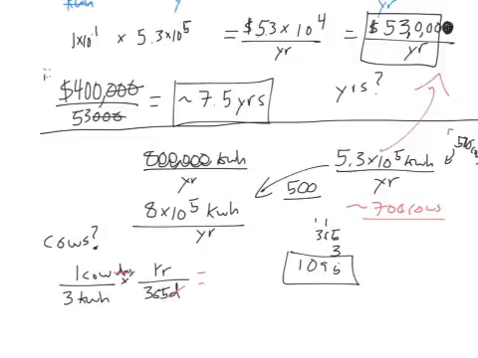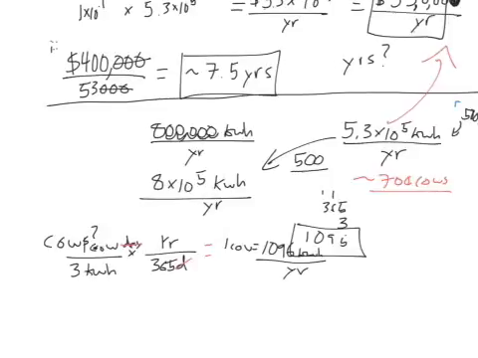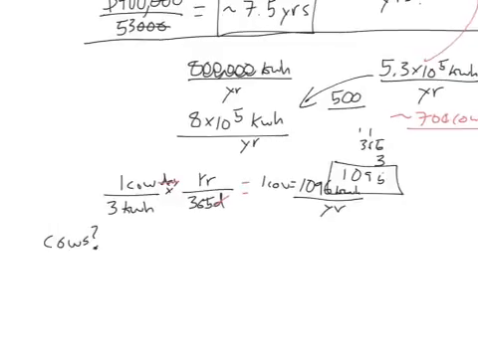So, one cow gives around 1,096 kilowatt hours per year. Okay? So now, using that equivalency I just made, one cow gives 1,096 kilowatt hours, and I want to know how many total cows, so I need to get rid of these kilowatt hours.